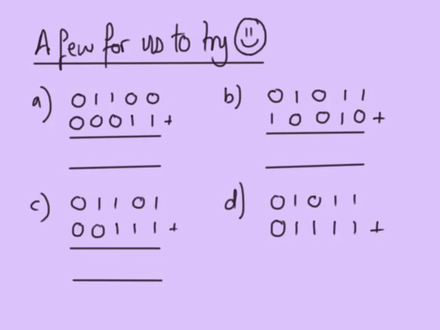Add those. I'm being really careful here to leave what's called the most significant bit, either 0 if I know that I'm going to get carries into it, or if I know I'm not going to get a carry, I'm leaving it there. So again, what I suggest you do, pause the video at this point, have a go at those, and then come back in a couple of minutes, and I'll go through the answers with you. So pause the video now.